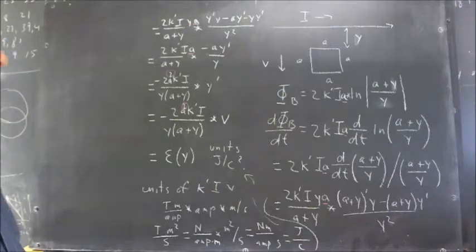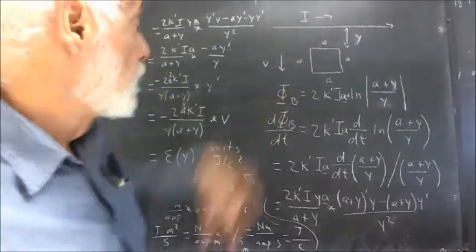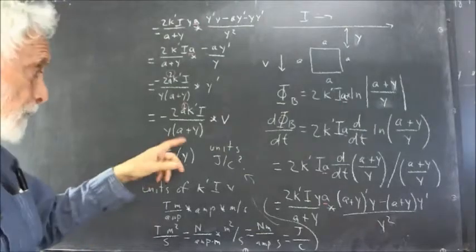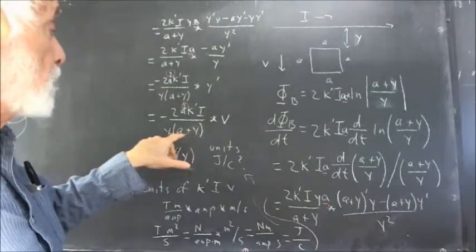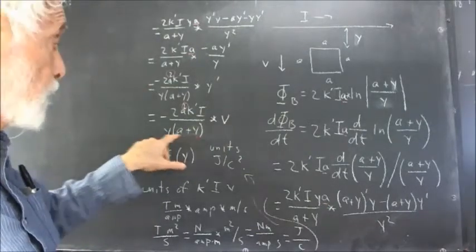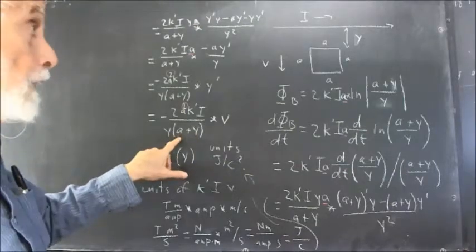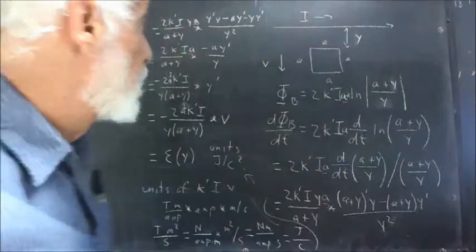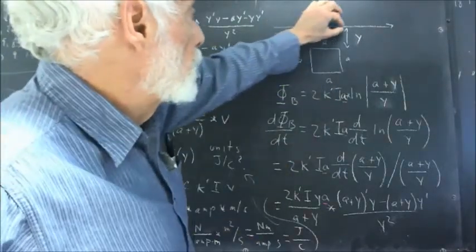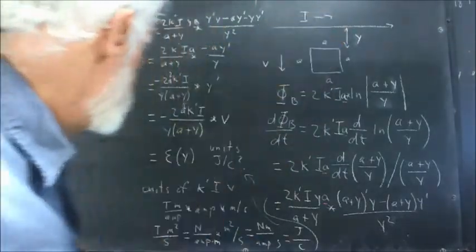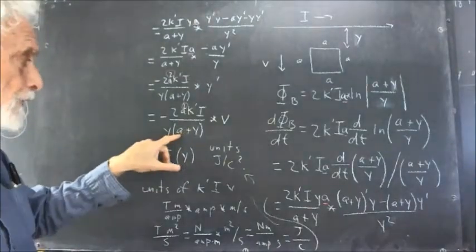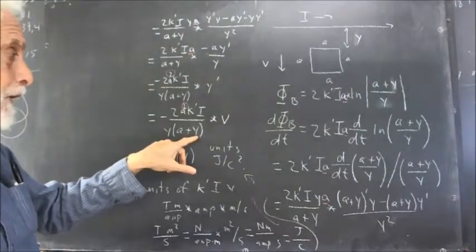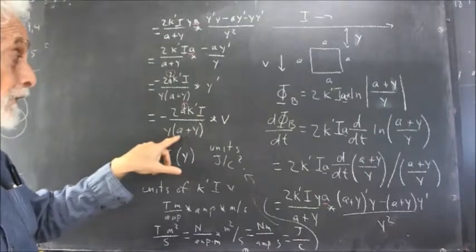If you're close to the current source, the behavior is somewhat different, because then the Y here becomes insignificant in comparison with the length of the side of the square. When you're very close, Y is a lot smaller than the side of the square, so this term is more or less just equal to A. The change of Y doesn't have much effect on this factor.